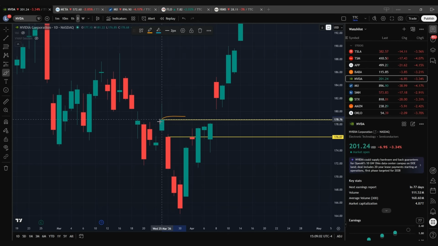This gap is the distance between where we closed on one day and opened up another day. And when price eventually comes back into there, let's say in this case, Nvidia, instead of going straight down, moved up before going down, right?